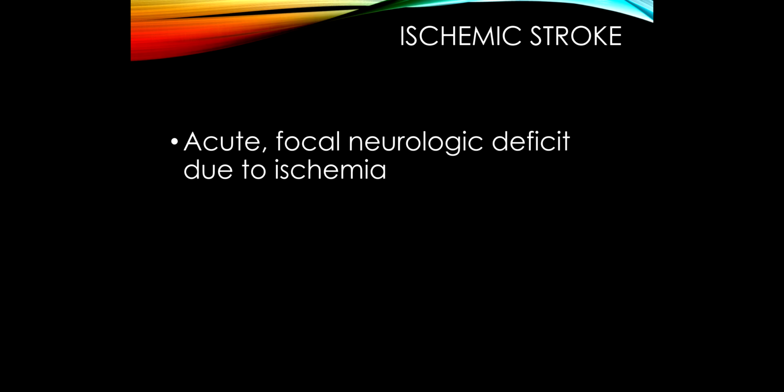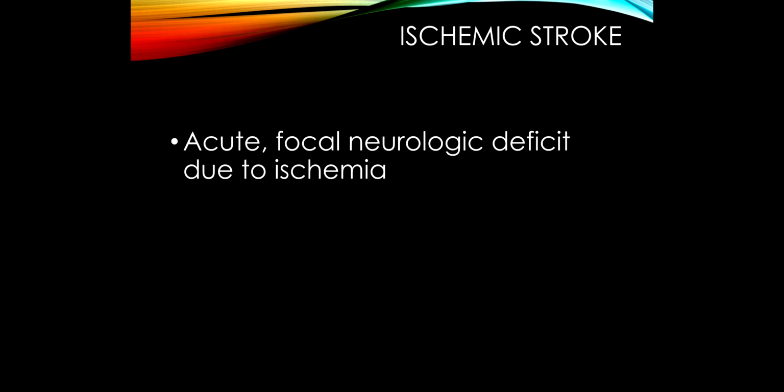Well, when someone comes in, let's say to the emergency room, and they're confused, but they don't have anything focal. And by focal, I mean a hemiplegia, an aphasia, a homonymous hemianopia. Those would all be very focal deficits. So just a confused patient, but their neurologic examination is otherwise normal, that is not at all likely to be a stroke.